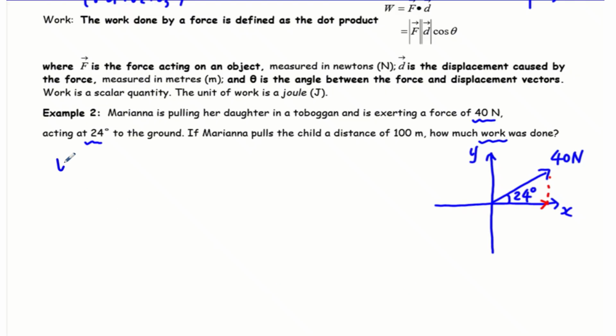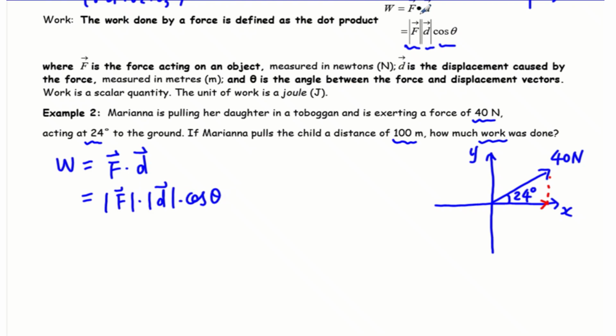So the work is the dot product of F and displacement, and in this one the magnitudes of F and D were given, so we can use magnitude times magnitude, then cosine of the angle between the two vectors.